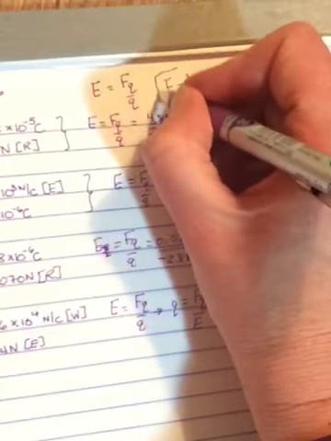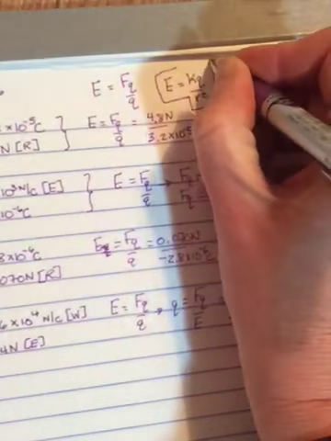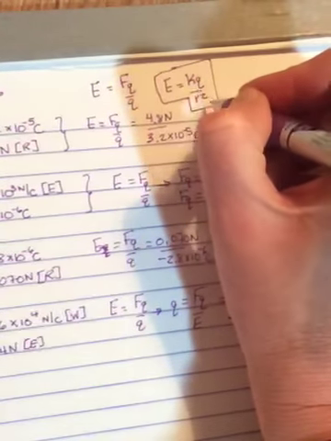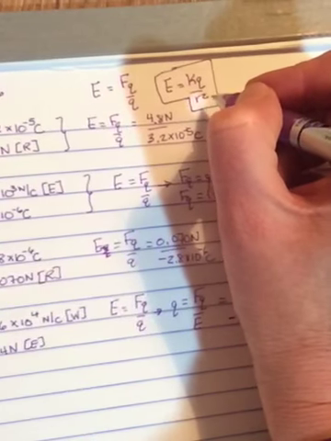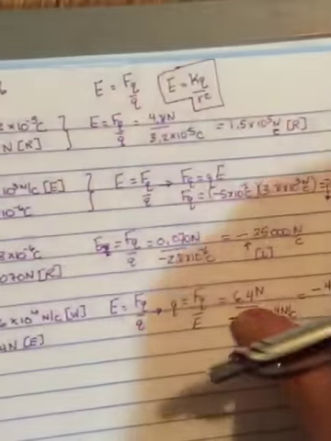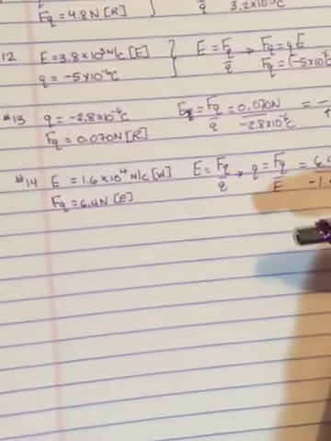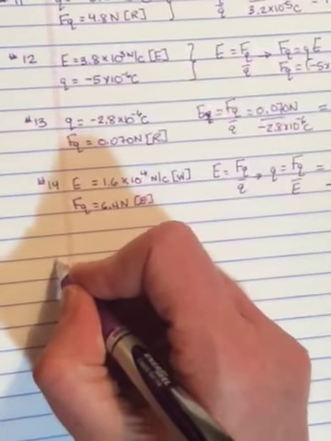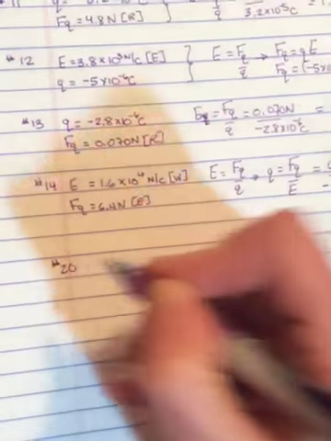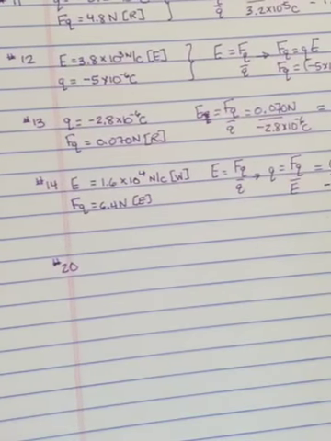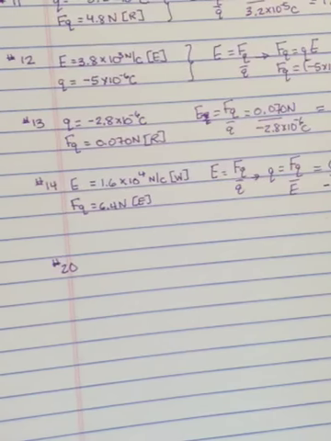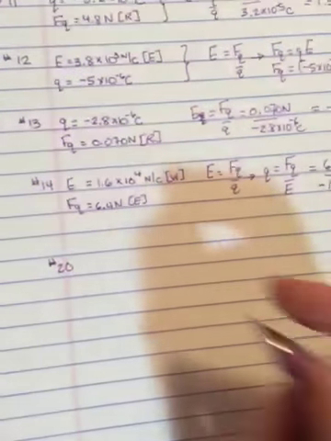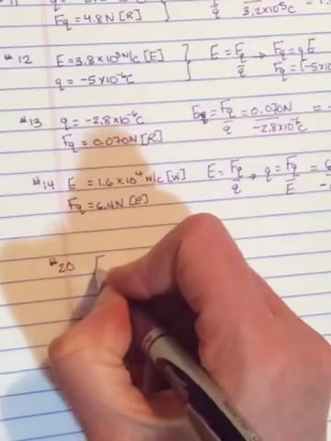This time they're giving you the charge that's creating the field, and they're giving you how far away you are from it, and they're asking you to find the electric field strength.